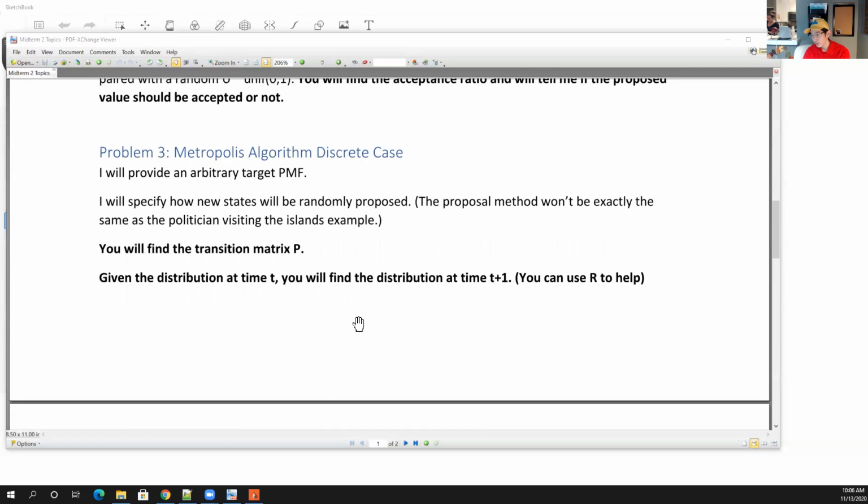Okay, so I'm going to provide an arbitrary target probability mass function. So it's going to be a discrete distribution, and then I'll also specify instructions regarding how new states will be randomly proposed. So it's a discrete case.